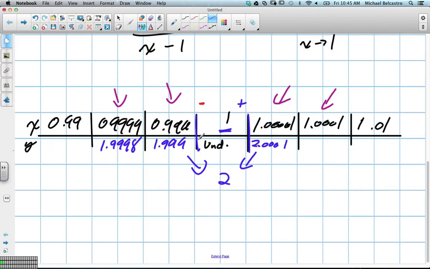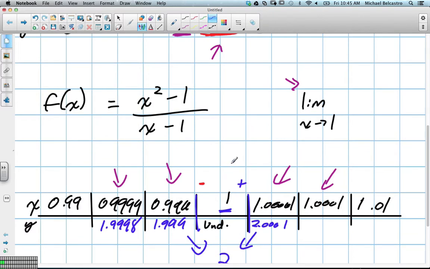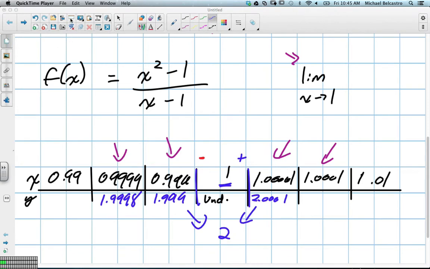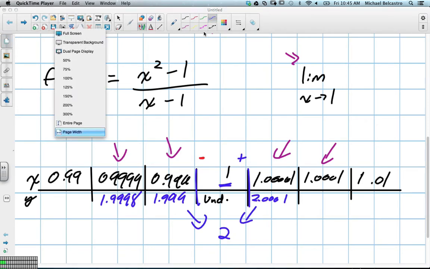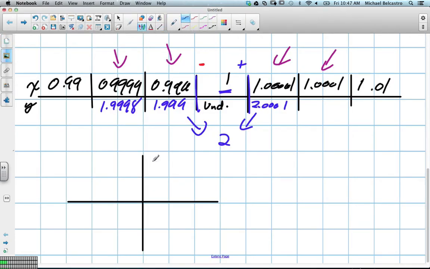This idea of approaching a limit, or approaching a number from the left and the right, is what we're talking about when we work with limits in these questions. Let's do a dual page. If we were to plot this, our x values would go from 0 to 1 to 2, and our y values 1, 2, 3.